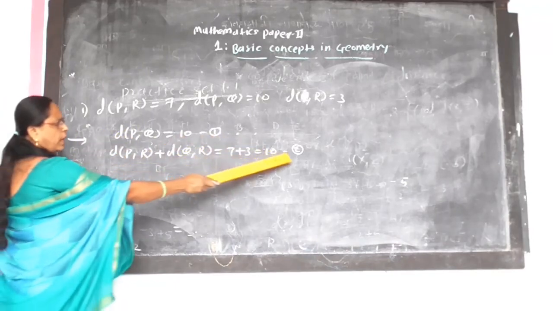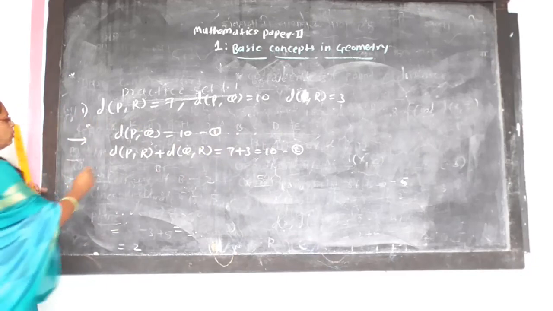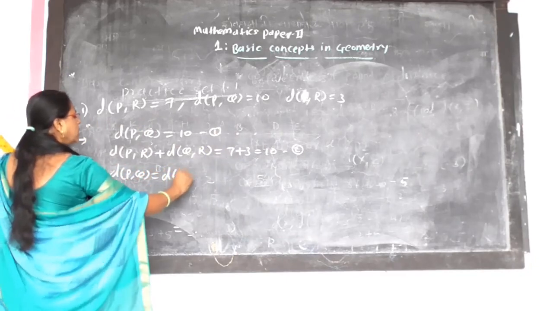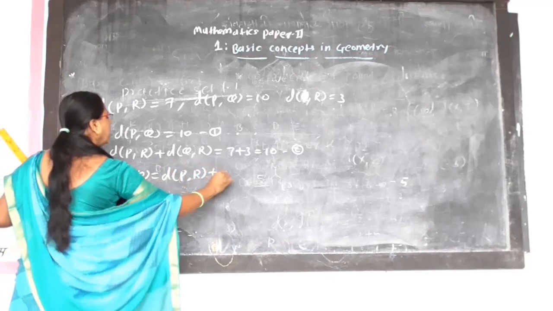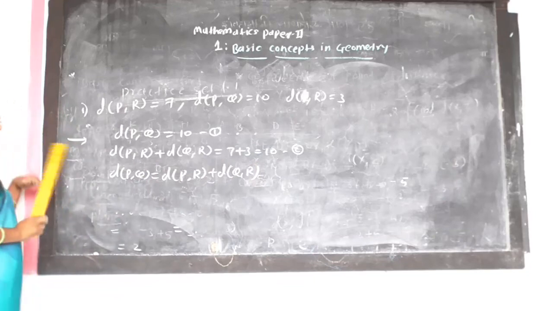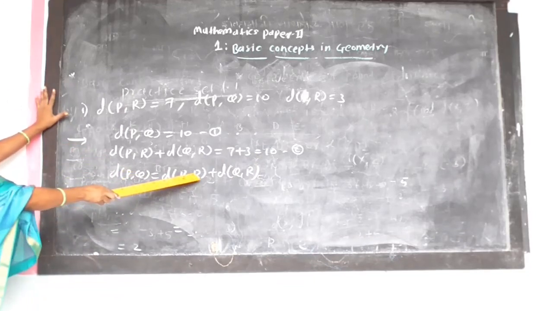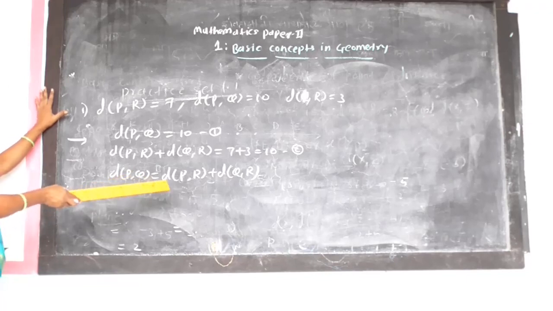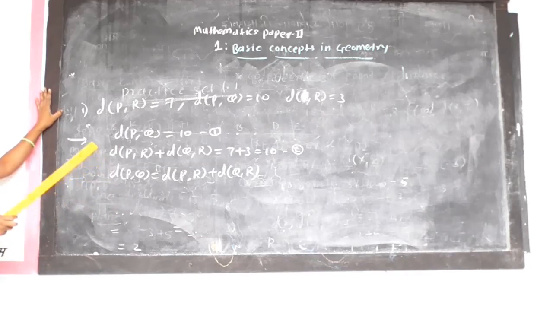From equations 1 and 2, we can write distance PQ is equal to distance PR plus distance QR, and therefore from this we say that the point R lies between P and Q, and P, Q, R are collinear points.